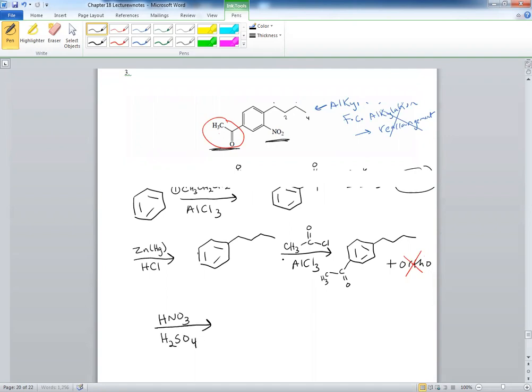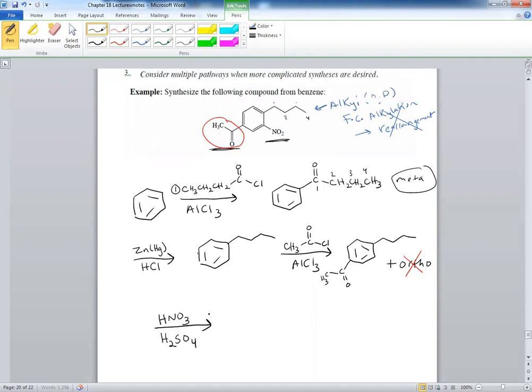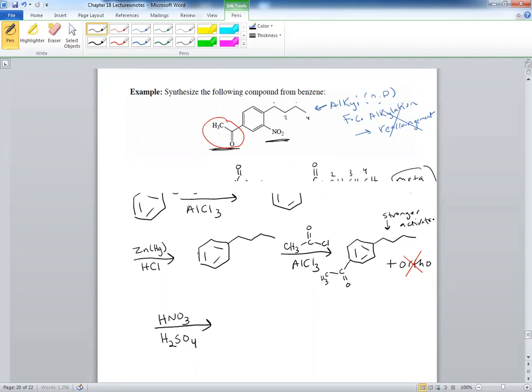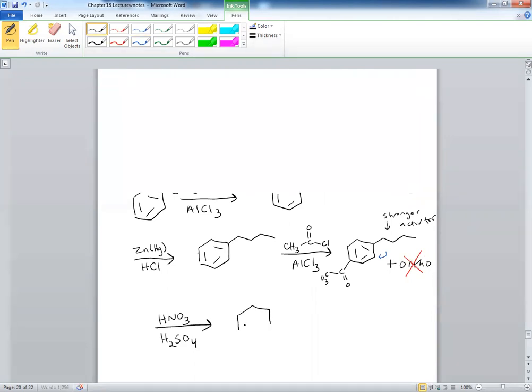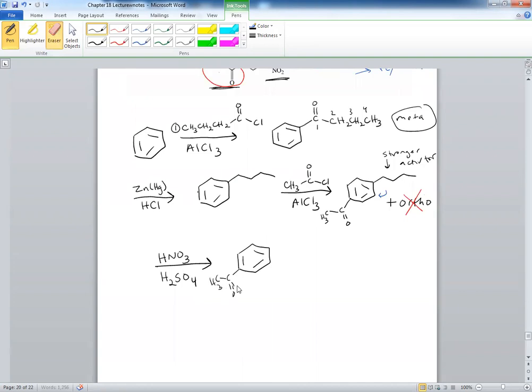And the nitro group will add where this one is the stronger activator. And it's going to direct the nitro group to the ortho position. Let's clean it up a little bit here.